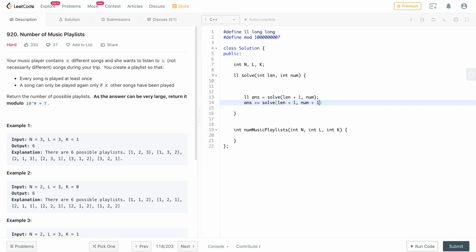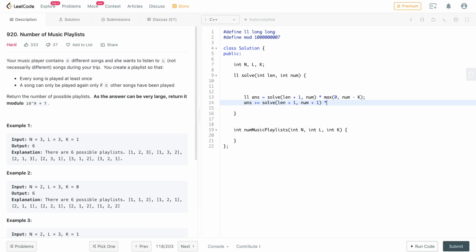So in that case, num would increase. And we are going to also multiply it by the number of ways we can choose a song that we have already used, and that would be the maximum of 0 comma num minus k. Sorry, it should be num minus k, and k is what's given for us.